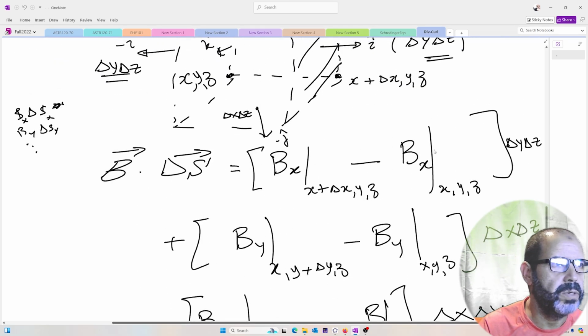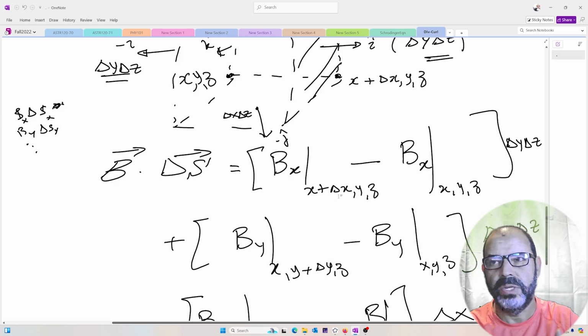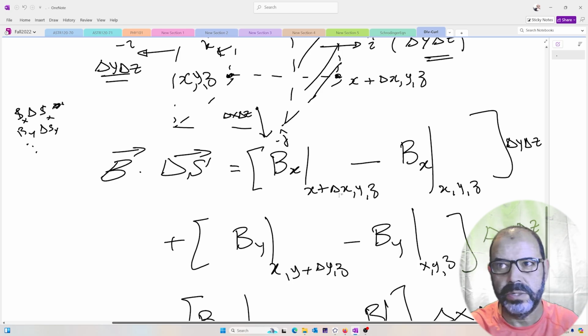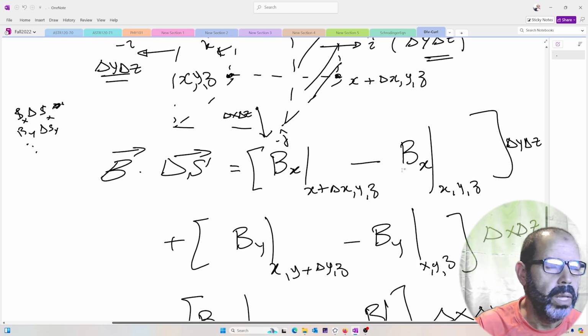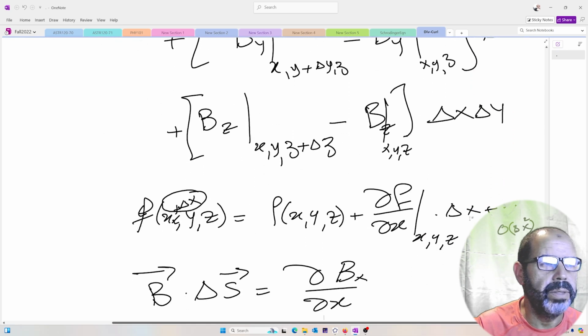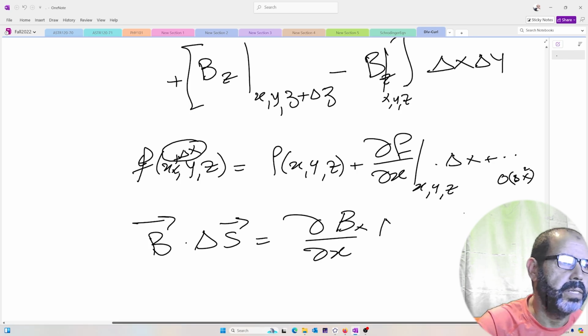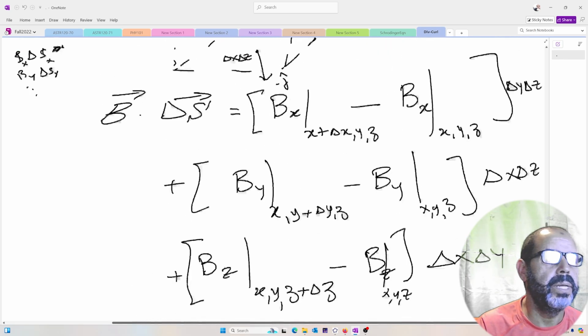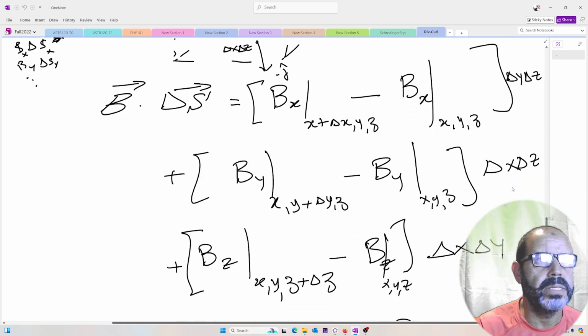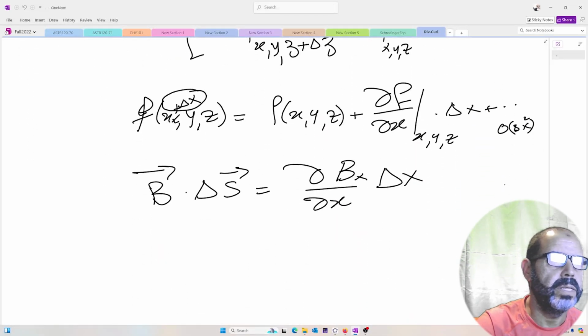This thing, the difference between these quantities in here. This is just the extended version of the one-dimensional definition of the derivative, which is the partial derivative, that's all. Of course, times delta x, because that's what the term is. That's the leading term in Taylor. So that's going to be delta x. But then I have also delta y delta z from the area. Delta y delta z.